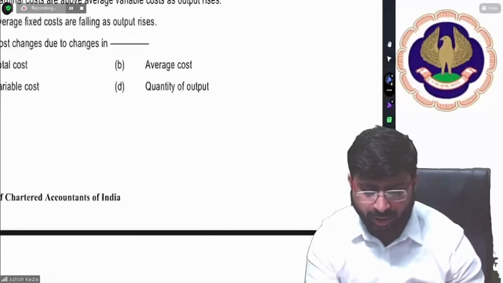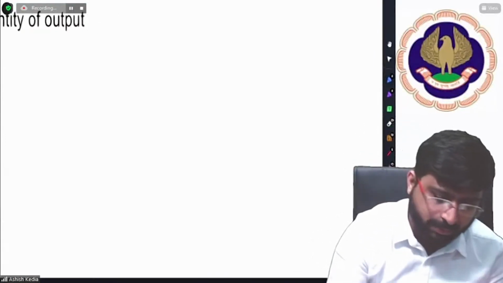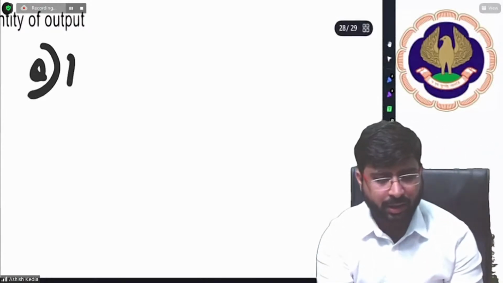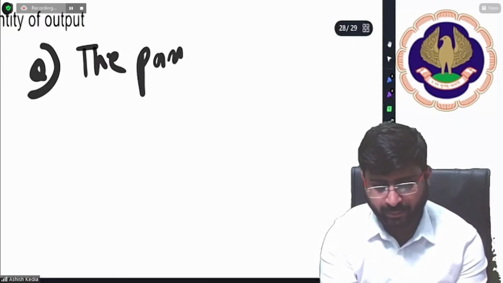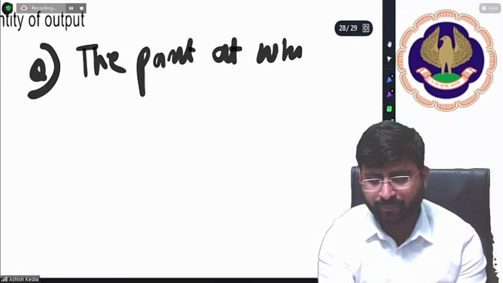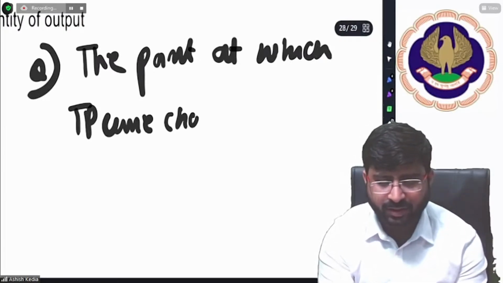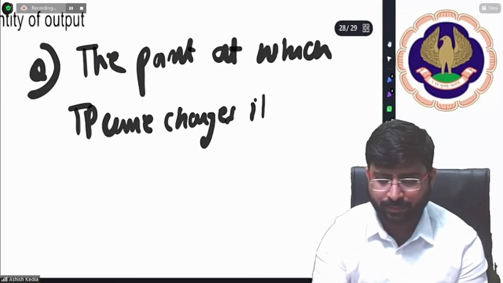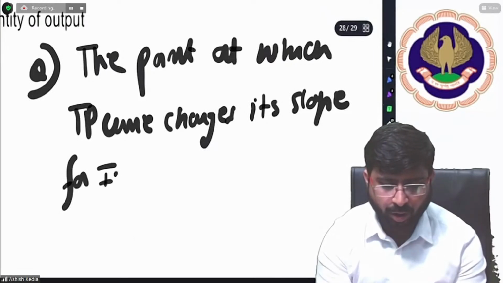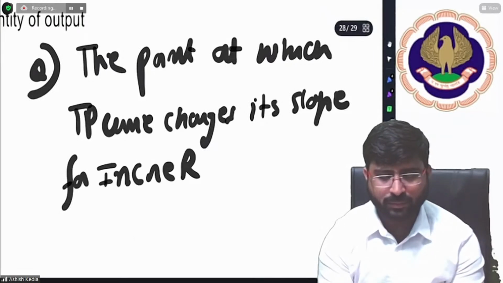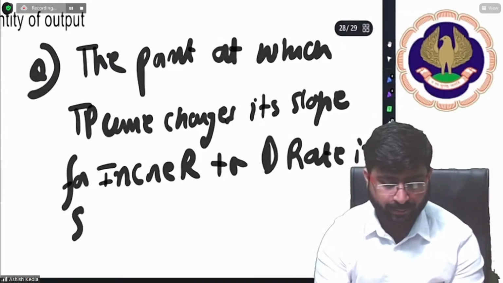I have another question. Come on, you all tell me this. My question is, the point at which the TP curve changes its slope from increasing rate to diminishing rate in the short run.